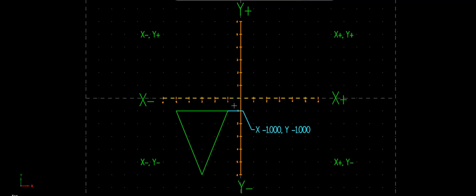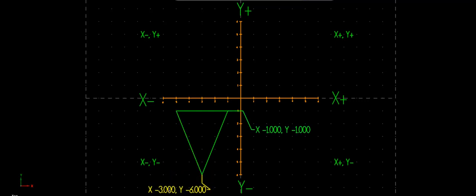Then the next point, we go from this point to this point. Again, we're going to travel around this part in a clockwise direction. So this point right here is 1, 2, 3 on x, minus 3 on x, and minus 1, 2, 3, 4, 5, 6 on y.